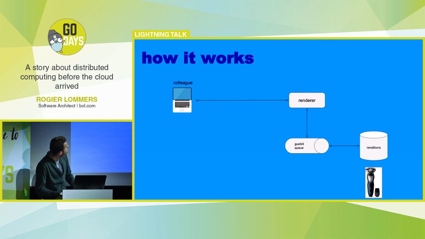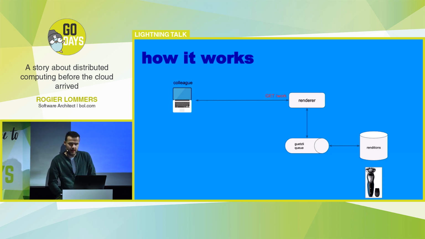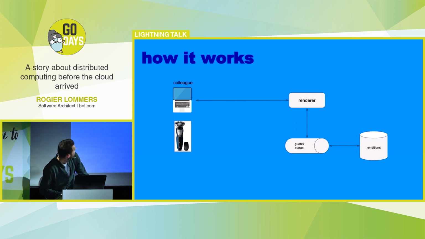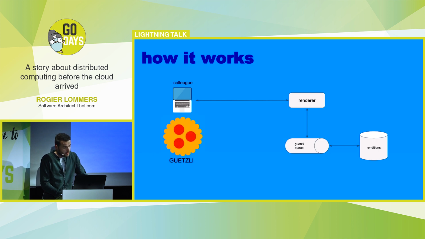First, the client does a GET request for work. Its version number is sent along as a header, and if the renderer service thinks its version is outdated, then the update mechanism kicks in. The next step is that the renderer checks the queue. If there is a message on that queue, it fetches the synchronously created rendition from disk. It creates a base64 string representation of that rendition, and sends it along with some other information to the colleague's laptop, where the getsee binary is applied.